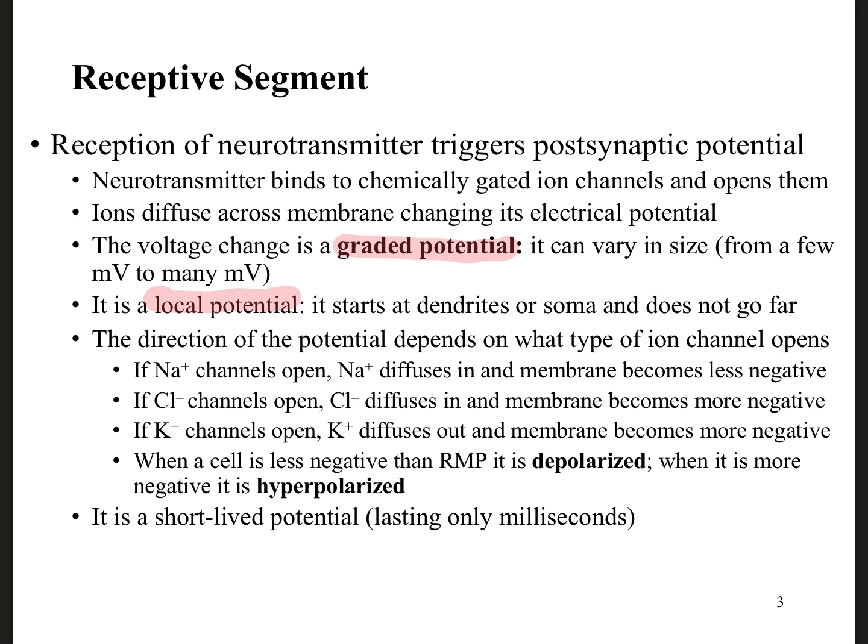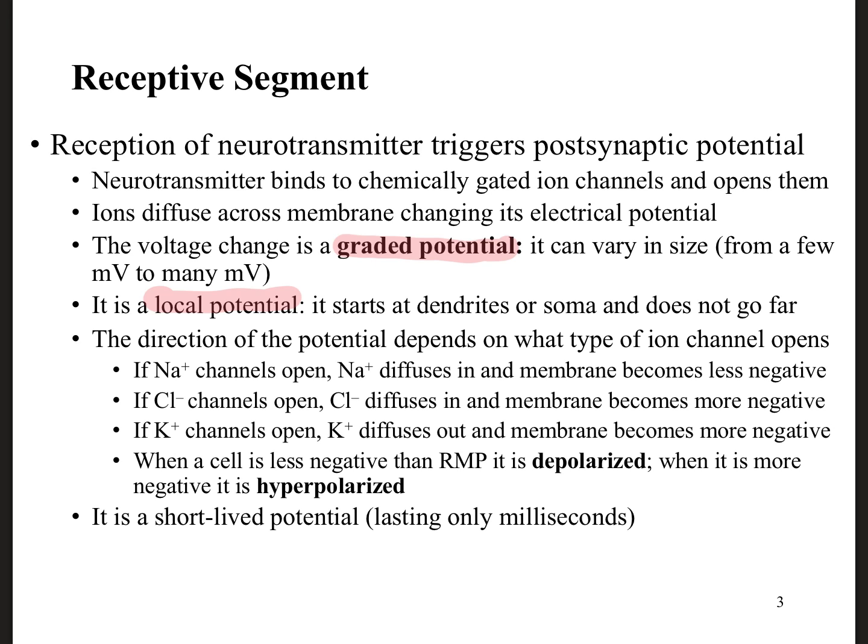Same thing happens here in the neuron, right? Local changes in voltage are kept around where the neuron is in the receptive segment until all of the signals from all of the input neurons are added together and determine whether it reaches threshold or not.